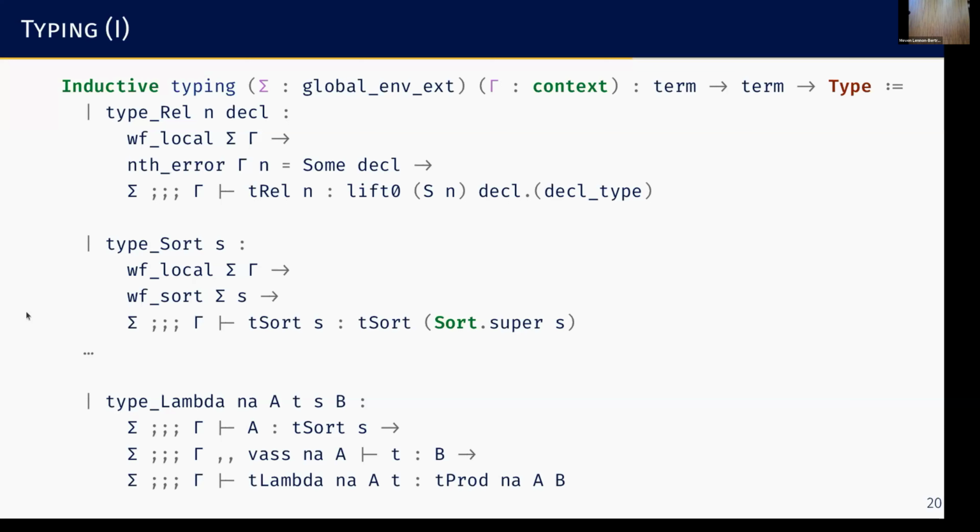Sorts, we have this accessor to give you what the next level of a sort should be. That's going to do all the manipulation of the universe indices and so on, so that you don't have to do it yourself. Yes, lambda abstraction. So if you have a type and a term that has the right type in the extended context, you get the lambda abstraction.